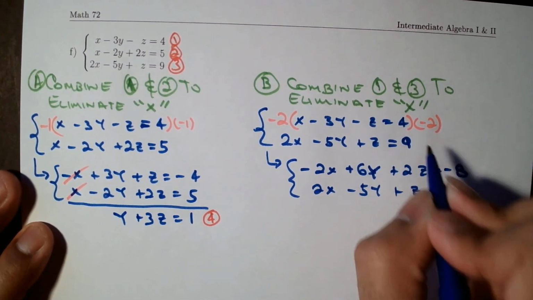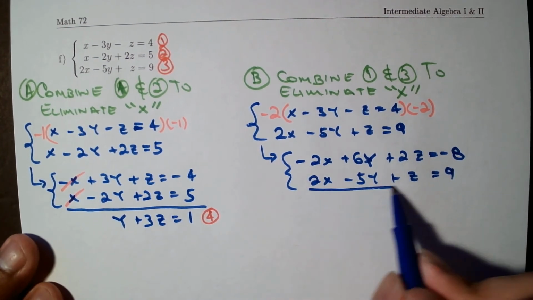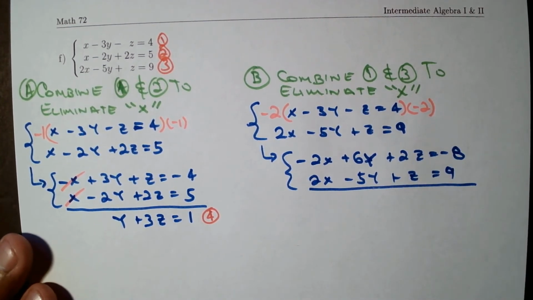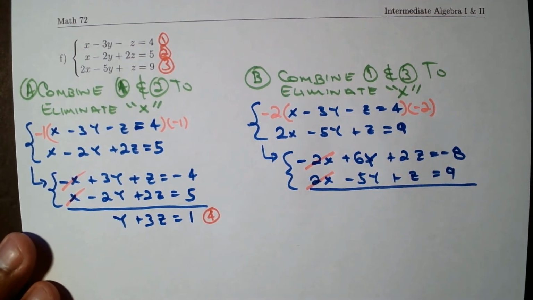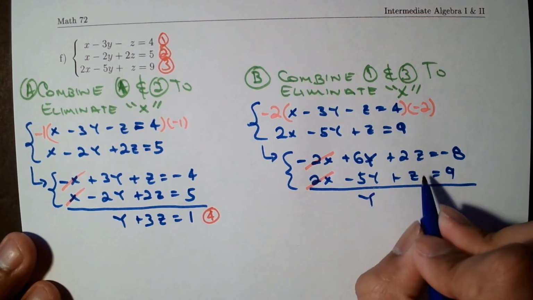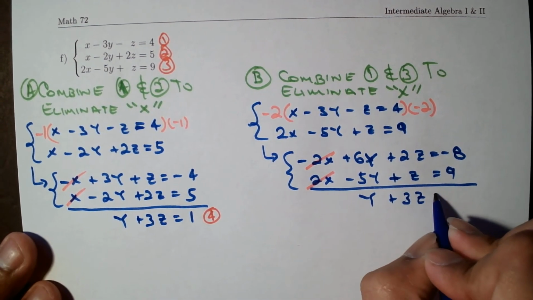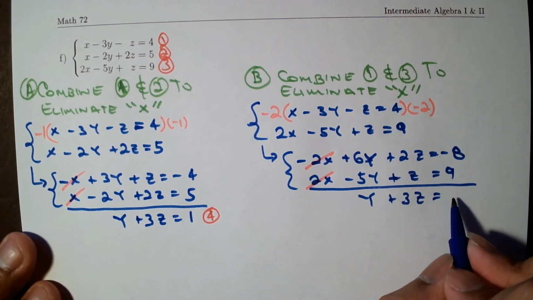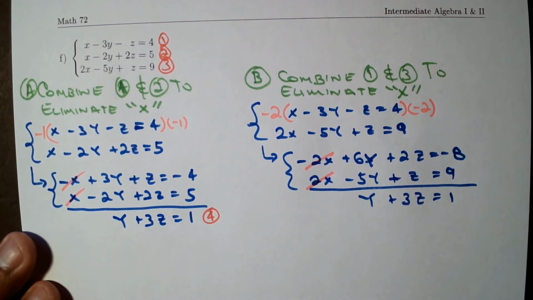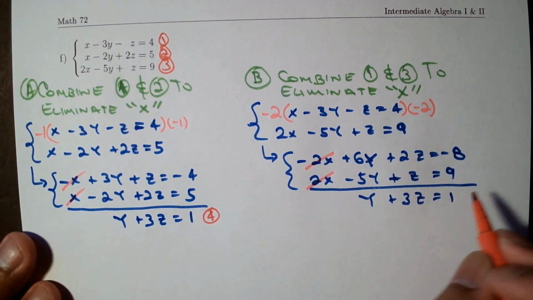Essentially, the second equation remains the same. So we are ready to eliminate the x's, and 6y minus 5y, that's only 1y, and 2z plus 1z, that's 3z, and -8 plus 9 is 1. And you might want to label this as equation 5.